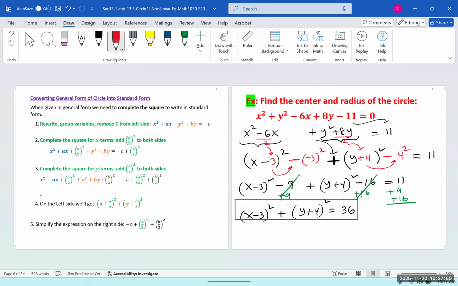And we love the standard form because we know what our center is. What is our center? 3, negative 4. And we also know how much our radius is. And using these two pieces of information, we know what our domain and range are.